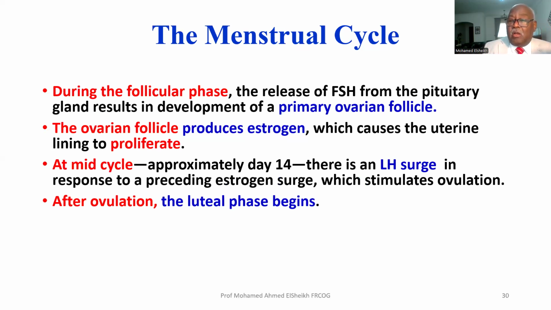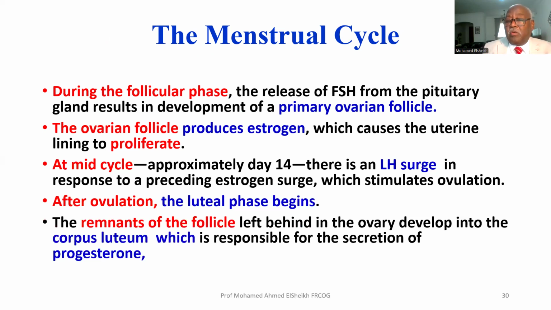At the mid-cycle, which is approximately day 14, there is an LH surge. That's a response to a preceding estrogen surge. This surge stimulates ovulation, and as we have said, this second stage in the ovarian cycle is ovulation. After ovulation in the ovary starts the luteal phase.